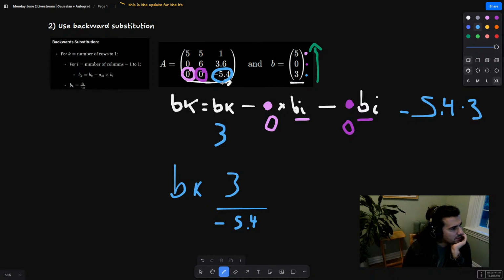So we start here, and then we're saying bk equals 3 minus this times 3. And then we accumulate, right?